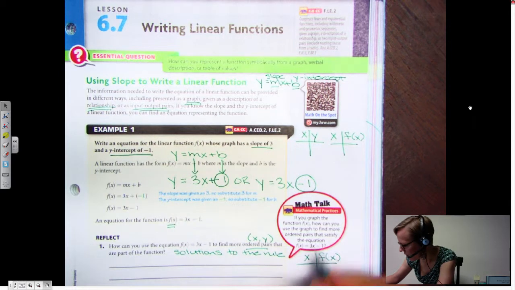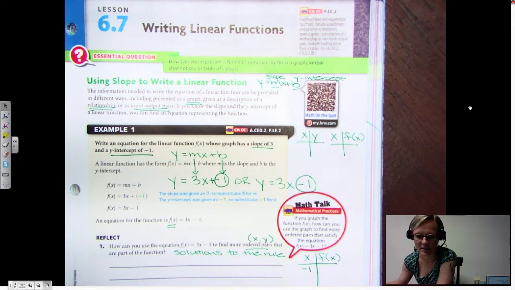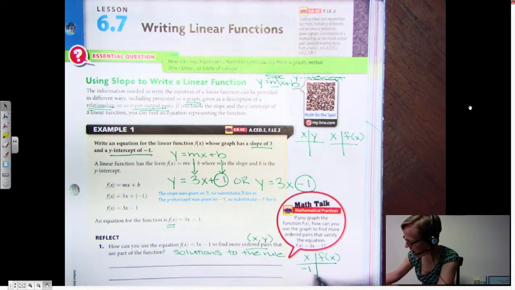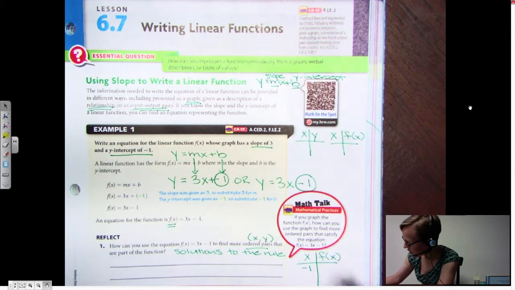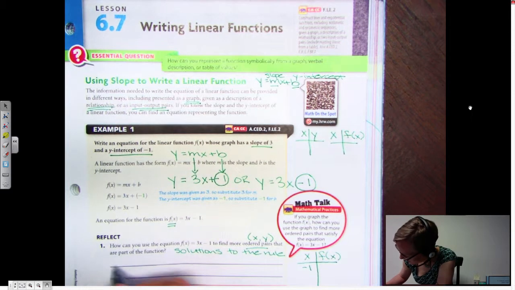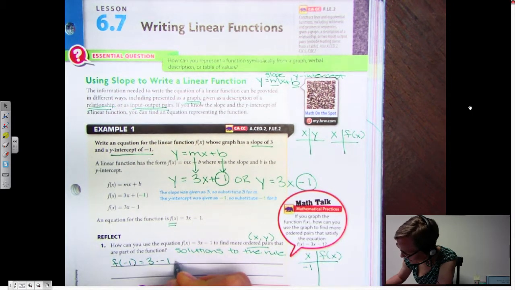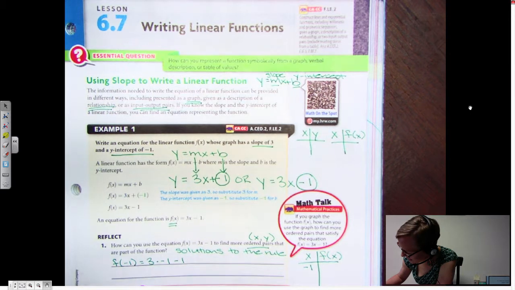So for example, if I was going to choose a negative number, I would choose an easy one, -1. I would put it into the equation and I would put in f of -1 equals 3 times -1 minus 1.